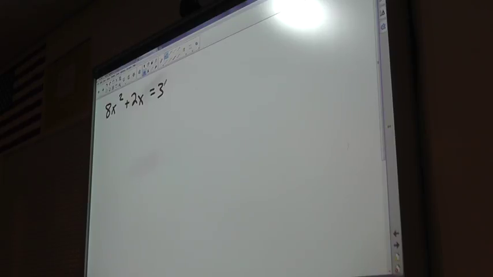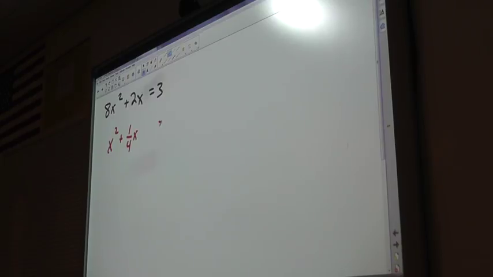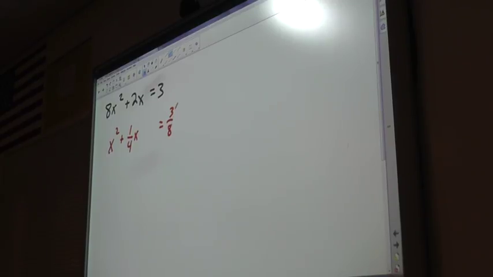Now what makes this problem more difficult? The 8. So how do I get rid of the 8? Right, I divide everything by 8. Uh-oh. Now, is this question any harder than the previous one? No, except for one thing.